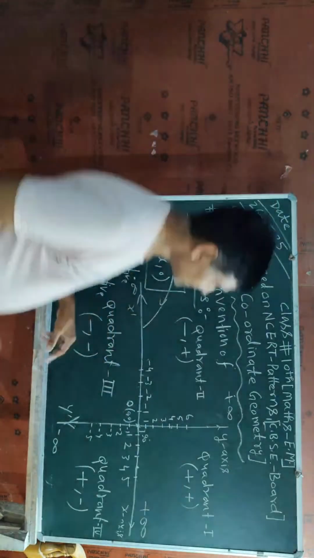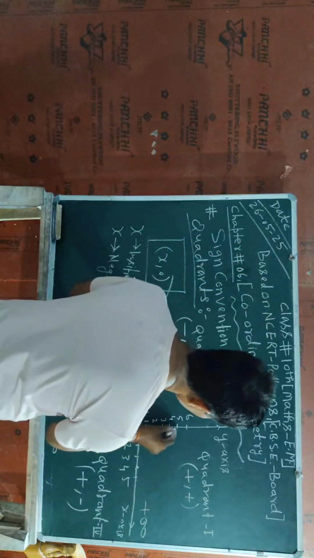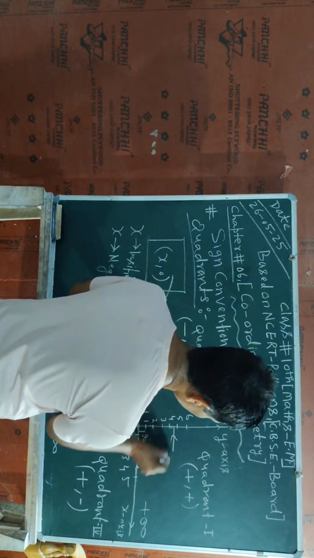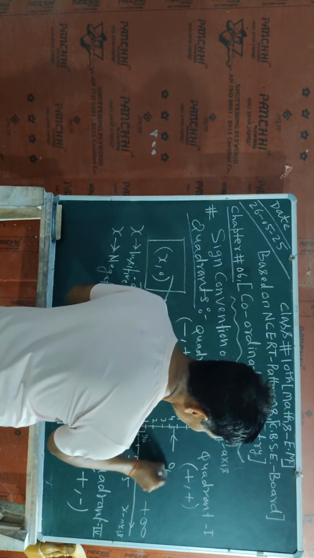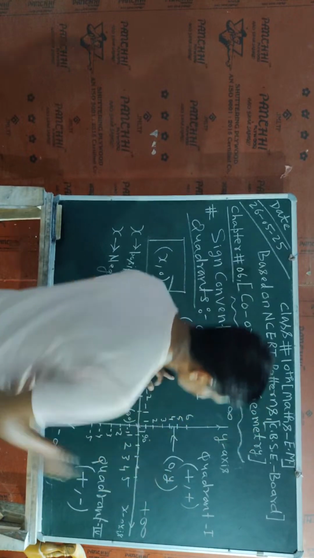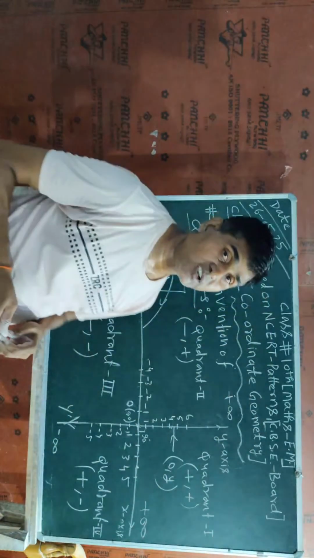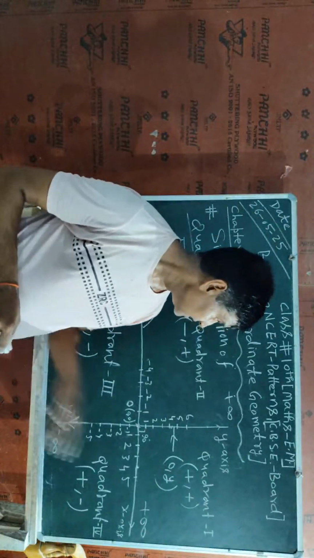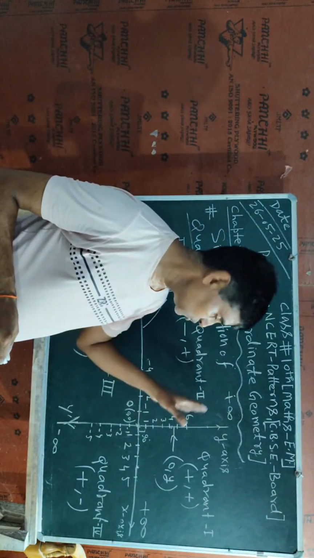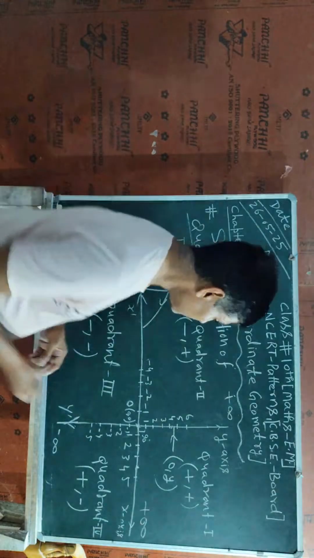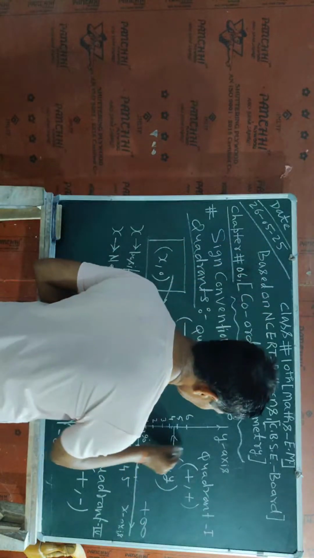But on the y-axis, I can write any point on the y-axis as 0 comma y. So on the y-axis, the x coordinate will always be 0. Each and every student has to remember this, because it is required information.